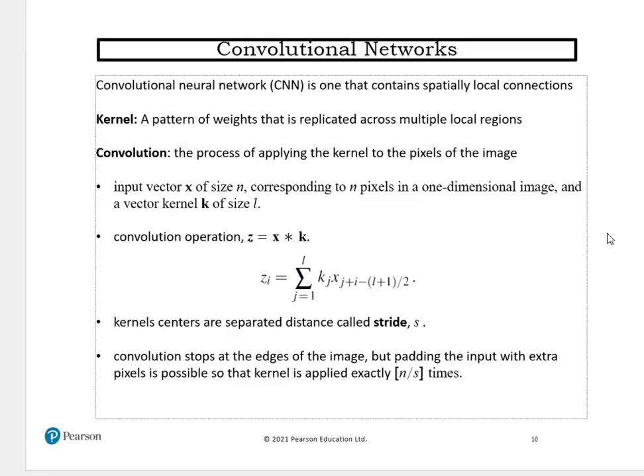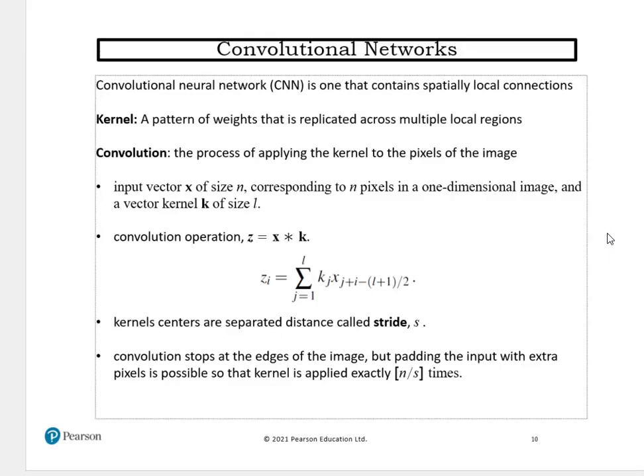If I see a small dog in the top left corner of the image, I should also be able to identify that same small dog if it appears in the lower right-hand corner, even though we're only training on small regions of the image at a time. We're never feeding the entire image.